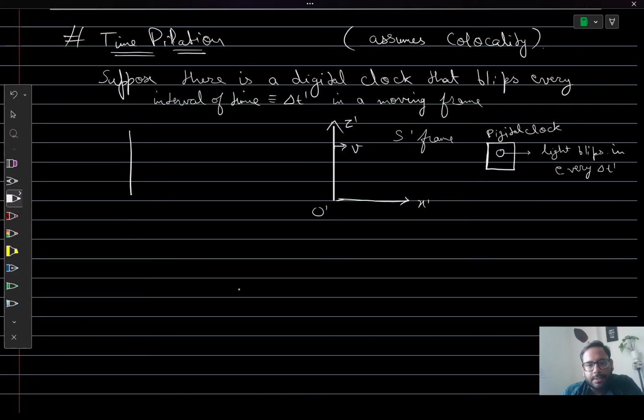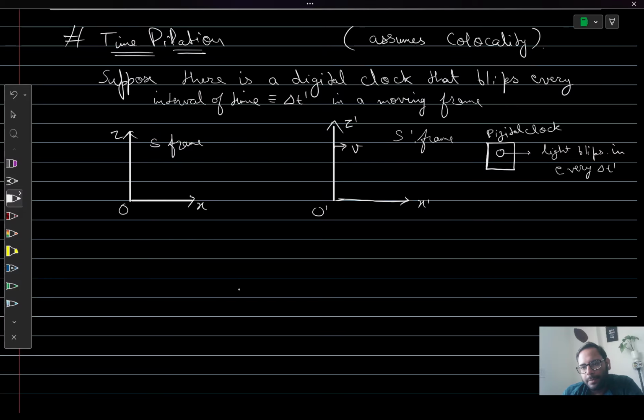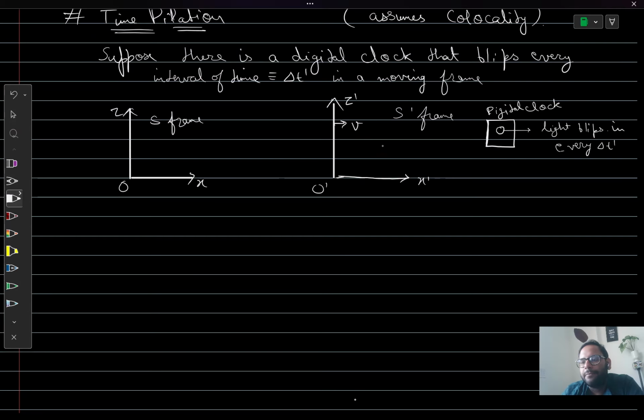And this is a stationary frame, this is S frame. We take its coordinate like this. So with respect to S frame, the S prime frame is moving in the rightward positive x prime direction, or positive x direction, with a velocity v. It is a constant velocity because we are taking inertial frames. No forces are acting on this S prime frame.